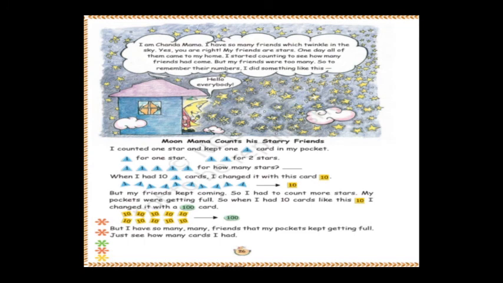One star he made as one card, that is one triangle card. And two stars means two triangles. And four stars means four triangles. Like that he arranged 10 stars, so arranged like 10 triangle cards. And he replaced 10 triangle cards as one square card, that is 10 card. And 10 square cards he replaced as 100 card.